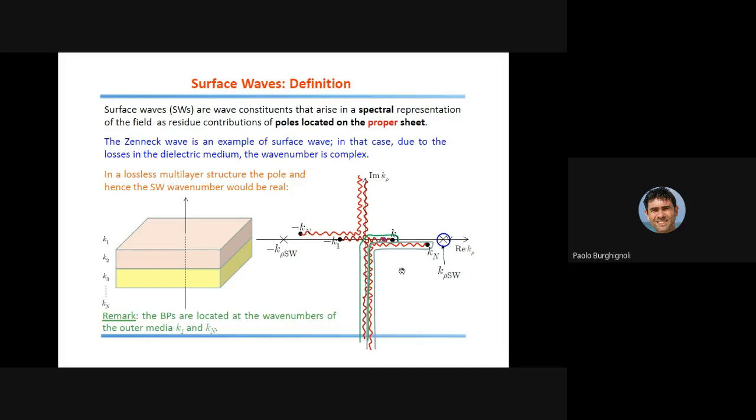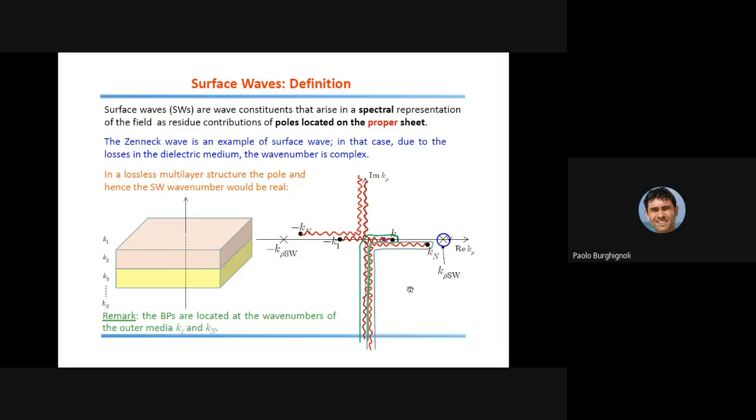It is possible that on the top Riemann sheet of the four-sheeted Riemann surface there are poles, and in this picture you can see a pole on the real axis, k rho surface wave, plus its negative counterpart by symmetry on the negative real axis. And by definition, the poles located on the top Riemann sheet are associated with surface waves.